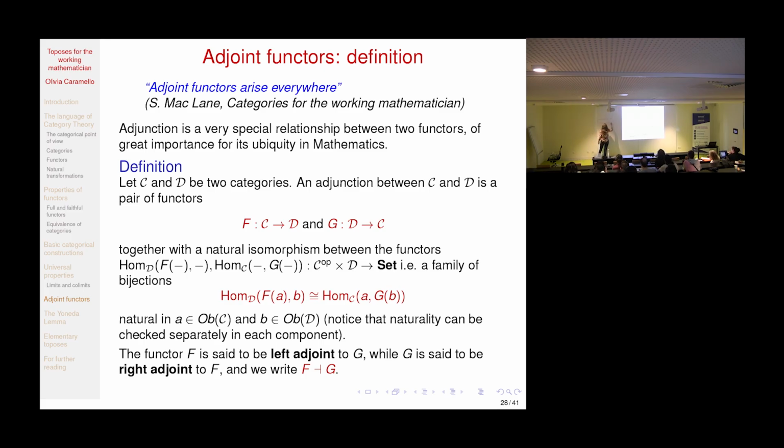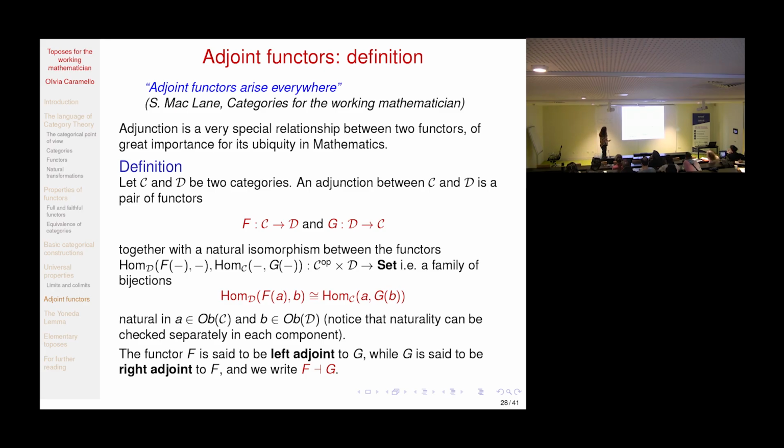So you see this arrow F induces by composition, here with F itself and here with F of F, vertical arrows like this. So naturality means that this diagram should commute. Of course, in the case of B, you can draw a similar diagram.